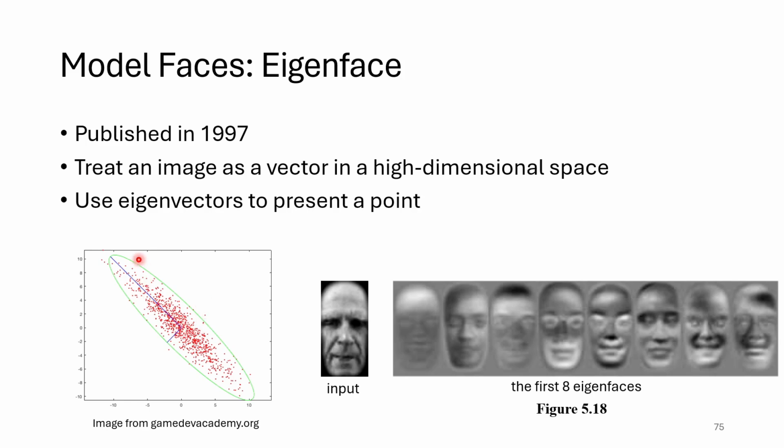In this case, it will be this one. Given a lot of human faces, there will be a lot of sampling points in their space. After finding the principal components, they can project the input image onto those components. So this is the first component of the eigenface, the second, third, and fourth.